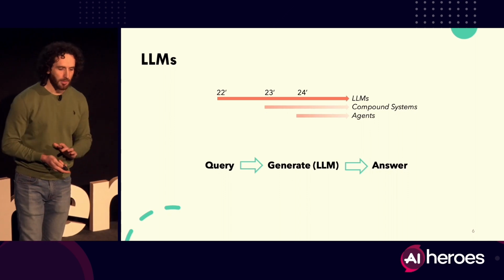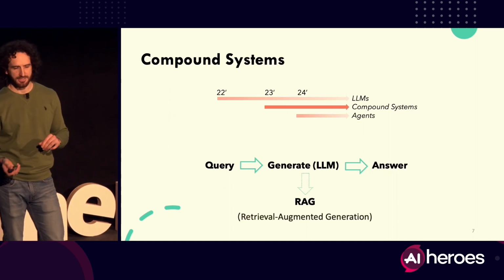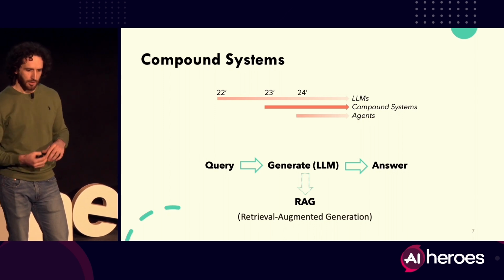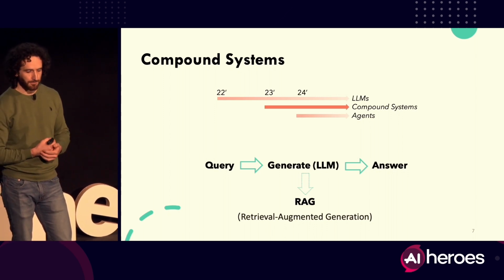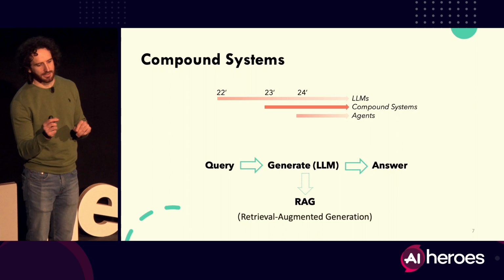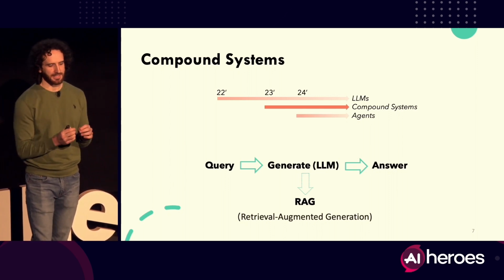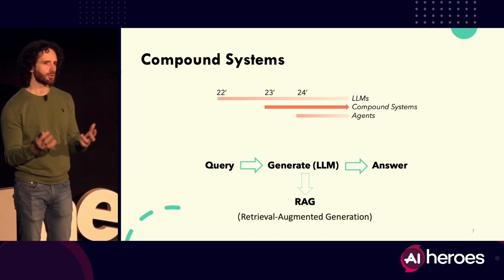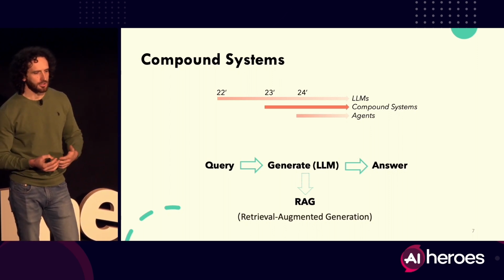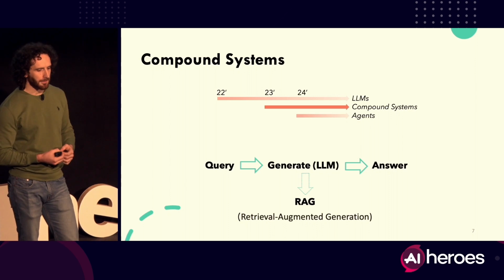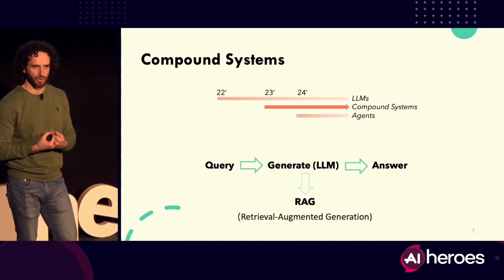At some point, we moved to compound systems. Perhaps you know about them as retrieval augmented generation. And how this changed the way we use the generation is that now we have some sort of database we can access. So in a nutshell, whenever we ask something to an LLM, we know that there is a generation approach.